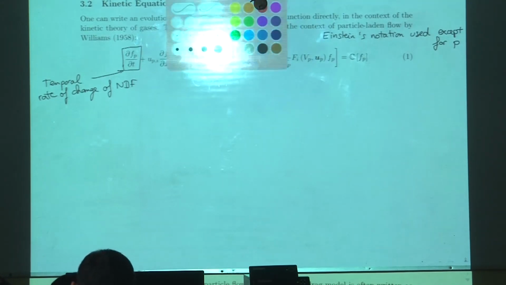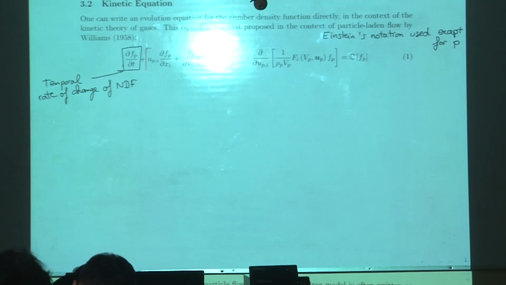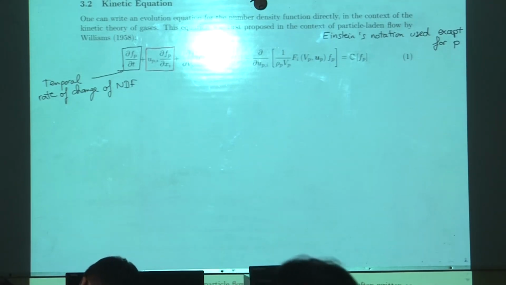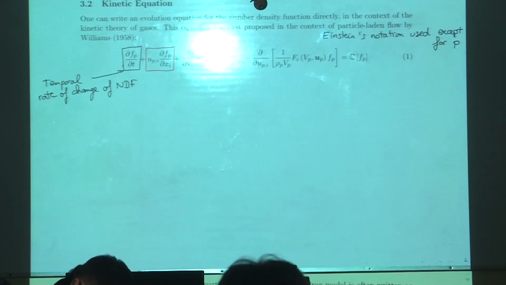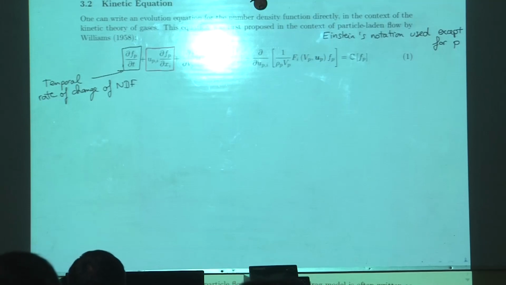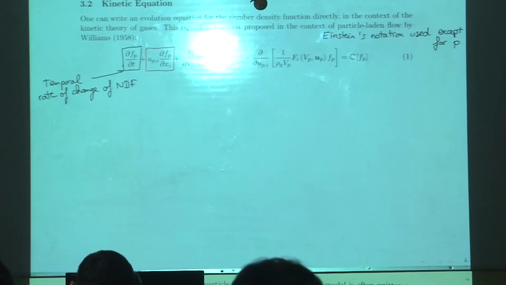Well, let's look at each of these terms. This is the particle velocity dotted with the gradient of the NDF. This is literally a pure convection term. We're saying that essentially the NDF is being convected at the velocity of the particle. So I'll just write that in red.